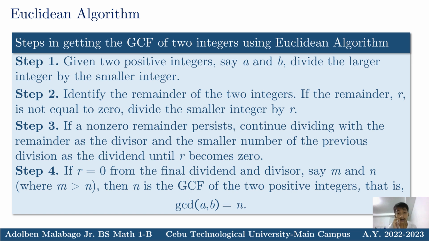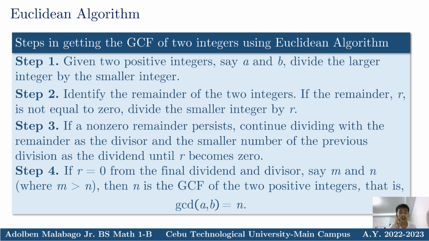For step 4, if r is equal to 0, from the final dividend and divisor, say n and n, then n is the GCF of the two positive integers. Basically, n was the final divisor of the set of divisions that we had from the previous examples, and with the notation from the theoretical aspect of the Euclidean algorithm, we see that the answer is found in the divisor of the final set of divisions.